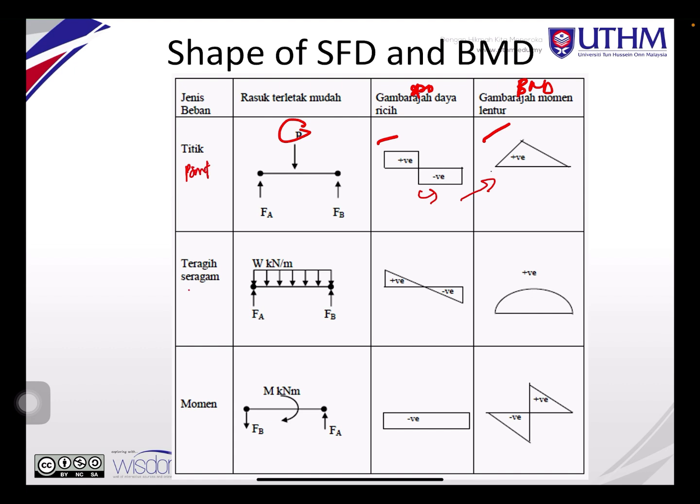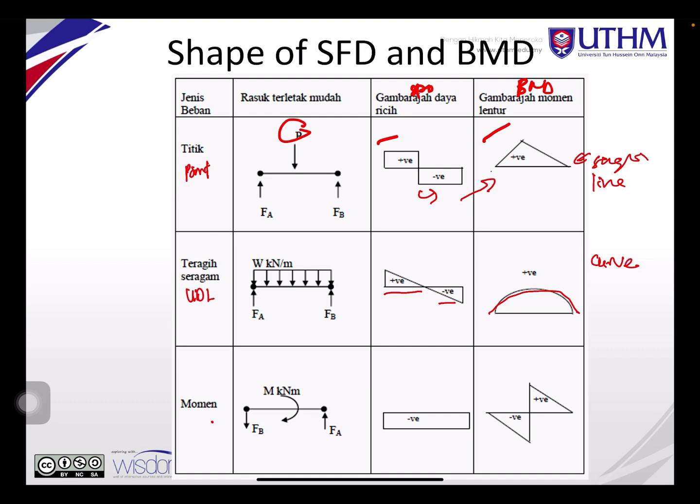Okay, so for UDL, uniform distributed load, the shear force will be in a triangular shape, positive and negative, like this. And then the moment will have a curve. So just now this one is without a curve, this is a straight line, this is a curve.